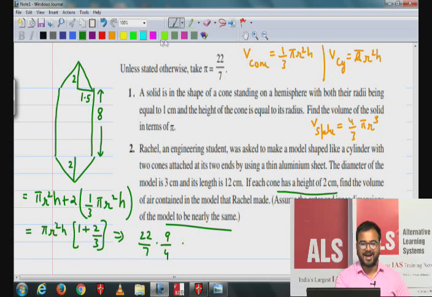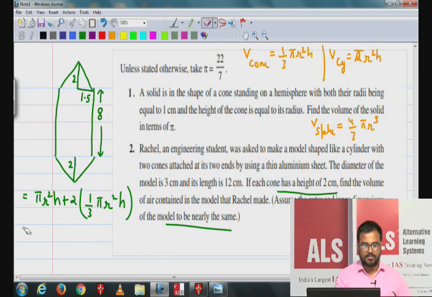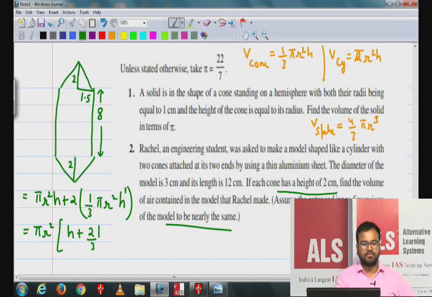Height is not the same, my mistake. For the cone, we can't take h common, because for the cone the height is different. Let's take this one as h dash. So only pi r square is common, so h plus 2 by 3 h dash.